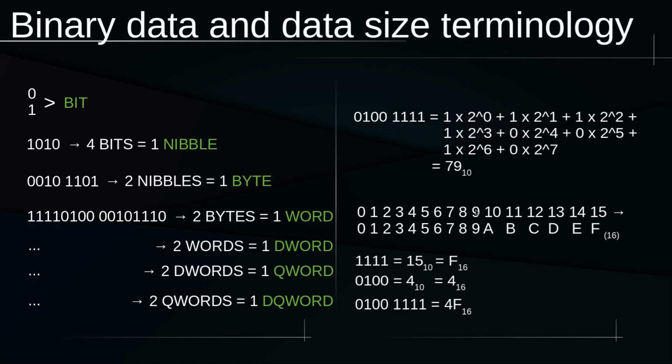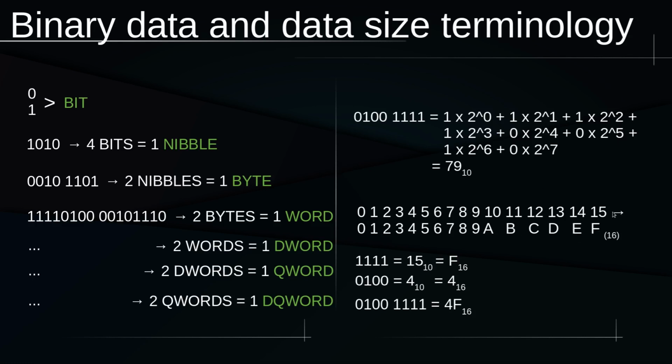Now when we'll eventually start coding in assembly, we'll usually be working in hex or hexadecimal because it's much more compact and easier to work with than binary. So we need to know how to convert binary to hex.